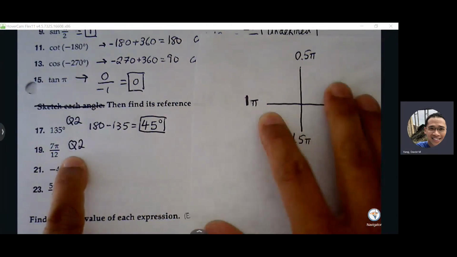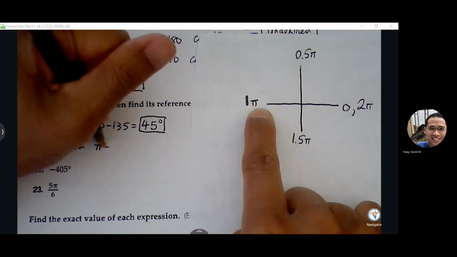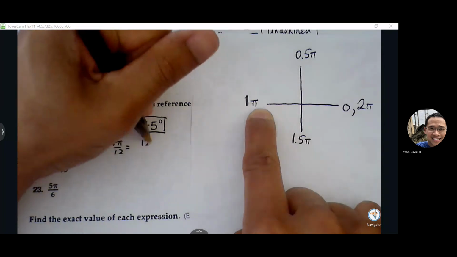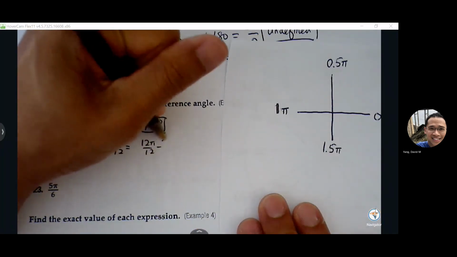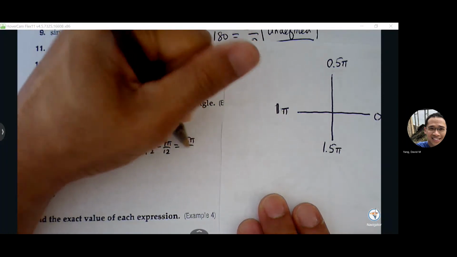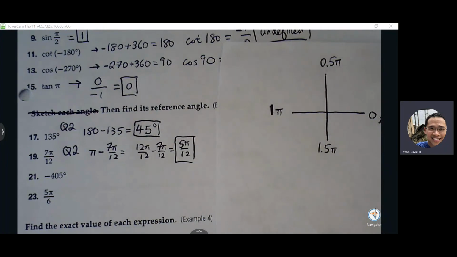If you're in the second quadrant, you're going to be working with pi. And 5/12 is safely between 0 and 0.5 pi, so that's our reference.